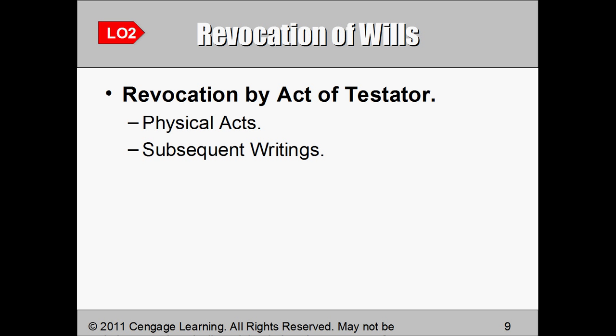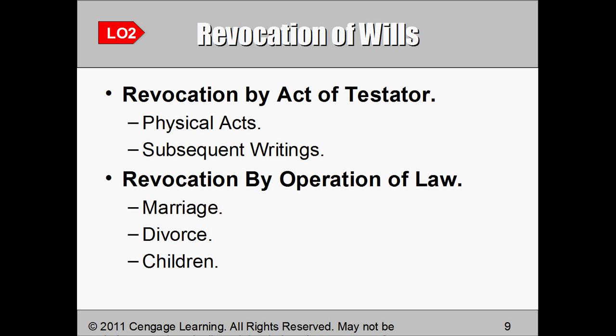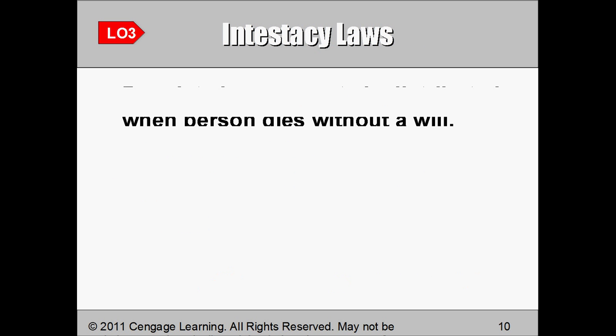And generally there's a statement in the will to that effect. It could be revoked by operation of law, due to marriage, due to divorce, or due to having children. So there could be some revocation there by any of those particular methods.